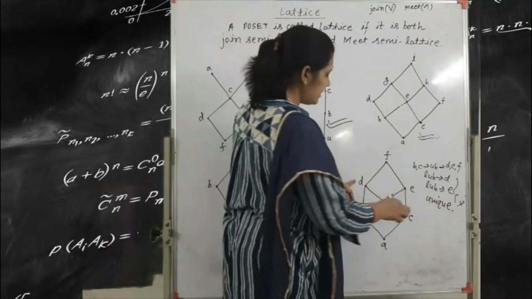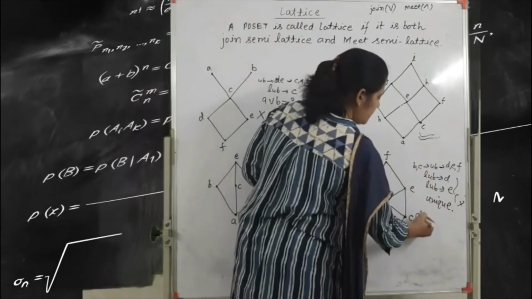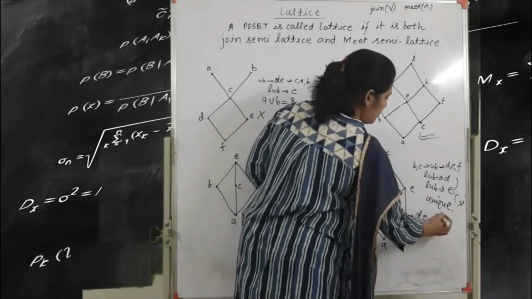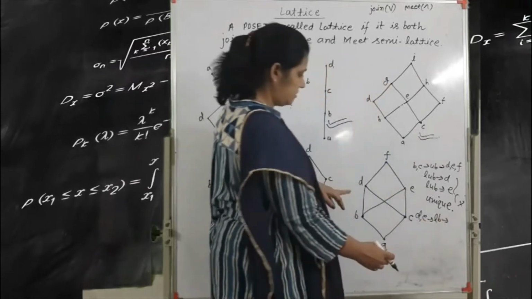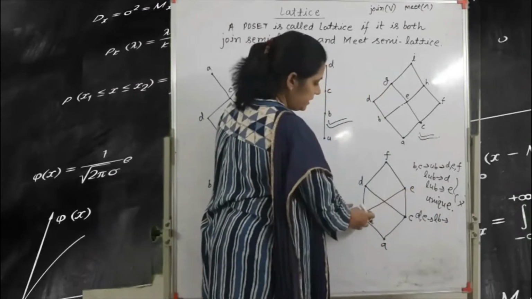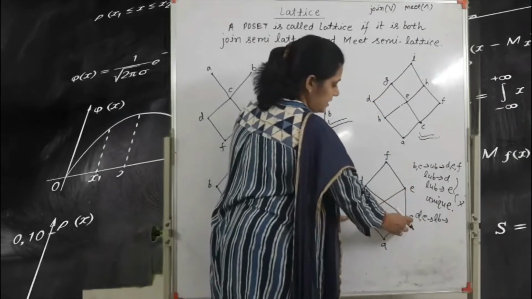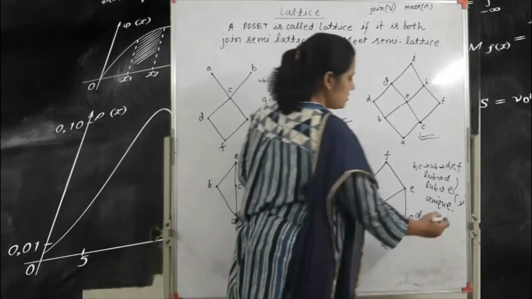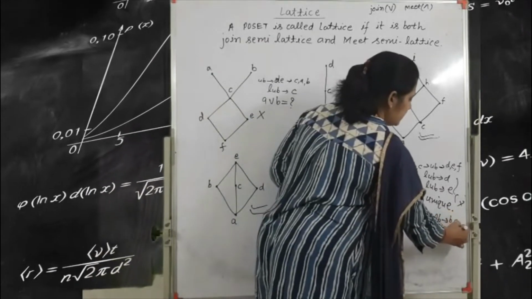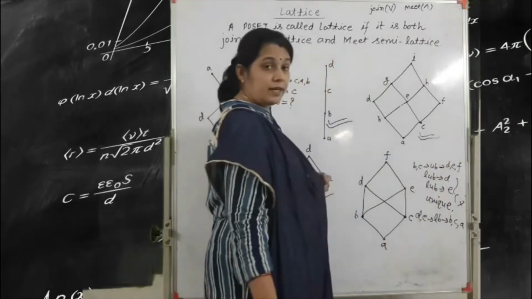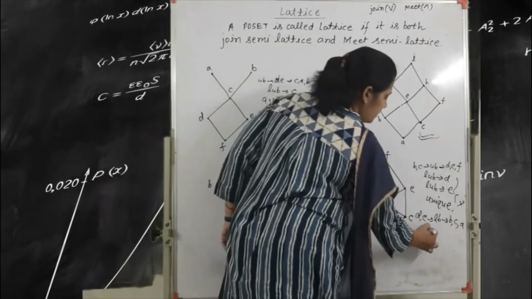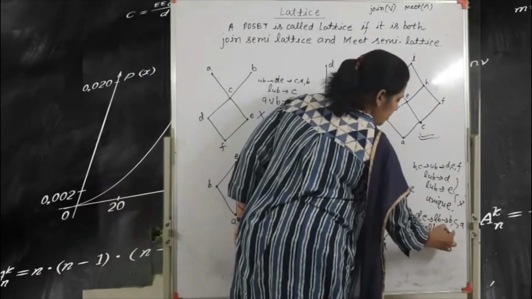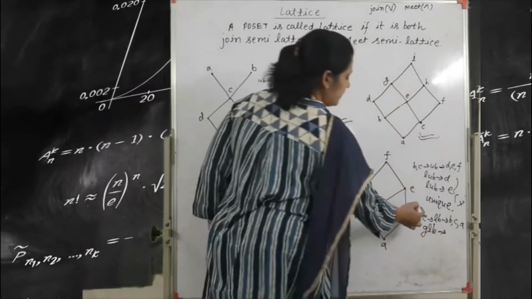If we consider D and E, the lower bounds of D and E are B, C and A. So we write B, C and A. But what is the greatest lower bound of D and E?